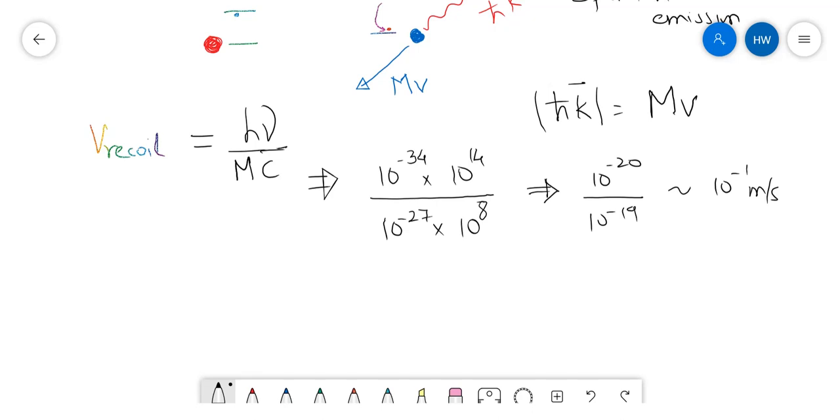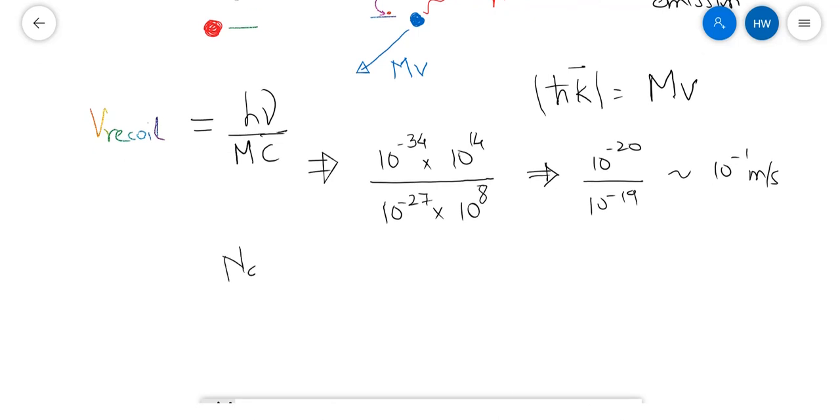If you put in the exact numbers, for example for a sodium atom, this v recoil comes out to be of the order of 3 centimeters per second.